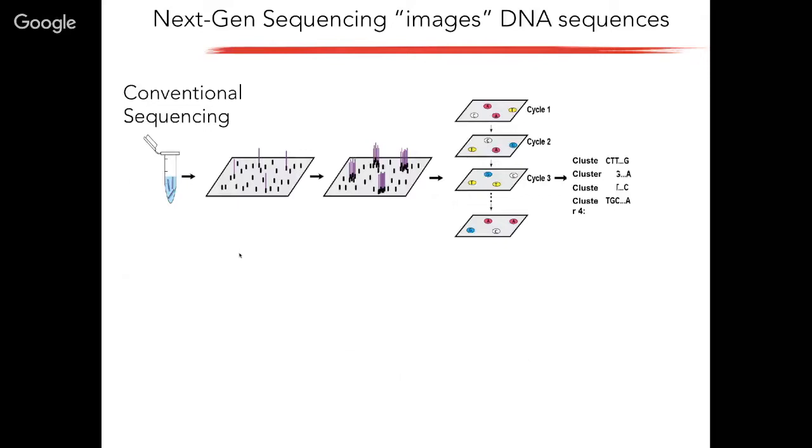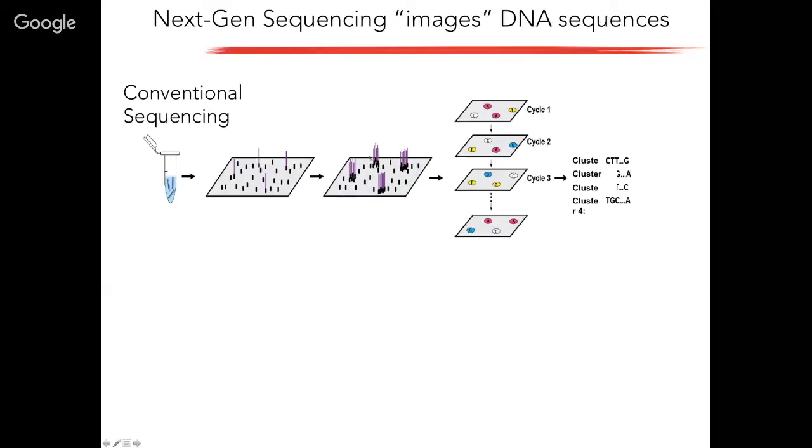You take a snapshot of those clusters, but before taking the snapshot, you label each cluster with the next nucleotide in its sequence. For example, this one on the left, the first nucleotide in that sequence might be a C, and so it's labeled with a fluorophore that's white.